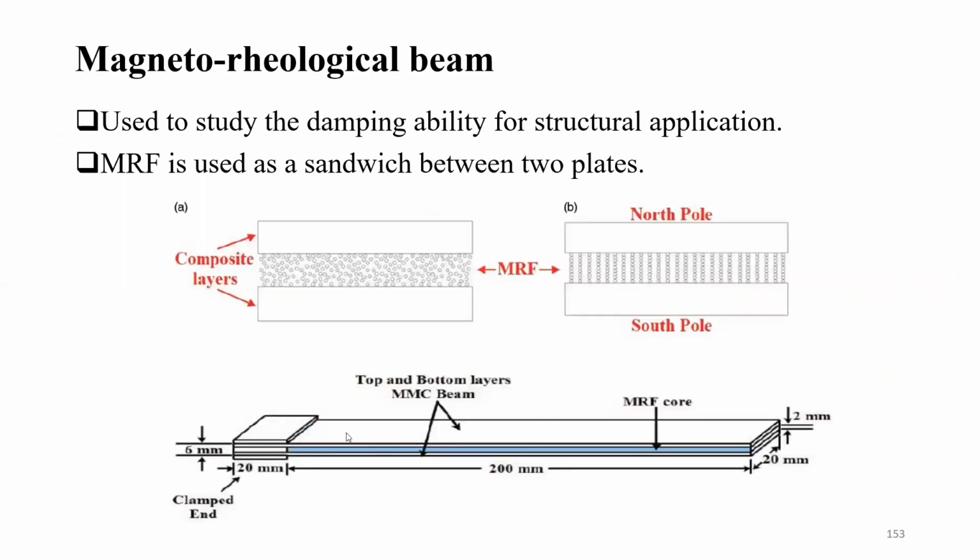An improved version of this can be done by putting the winding here only, at both the sides, and then you can study the winding here, here, or full winding, 1/4 winding, 1/2 winding, like this. Because if this is a cantilever beam, at vibration the deflection will be more at the end only. Therefore, the deflection at the end has to be controlled.